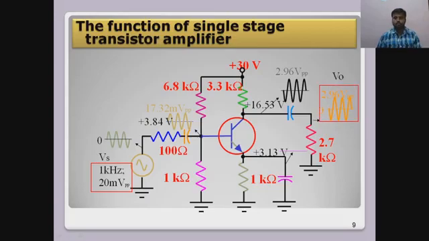See, it is amplified, the voltage level is increased. As we discussed in the previous class, for a small signal amplifier, I am giving the voltage in millivolts, and now I am getting 2.96 volts as amplified output here.